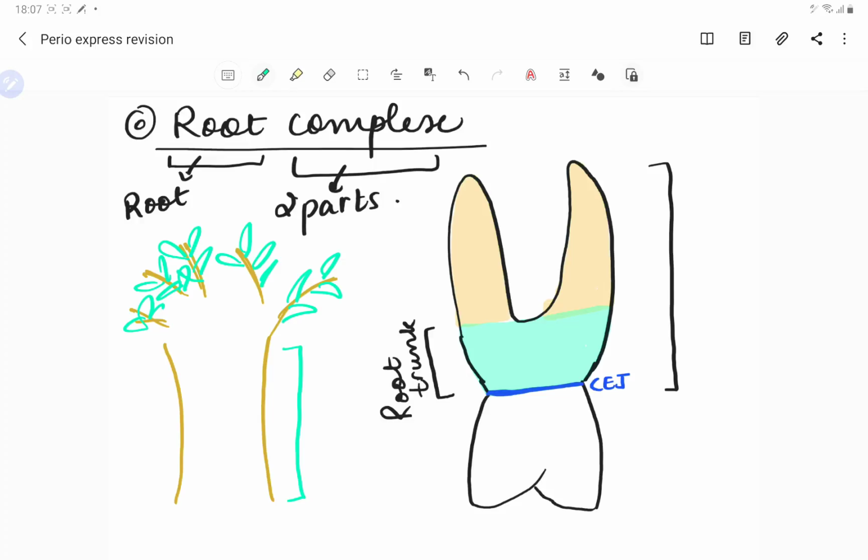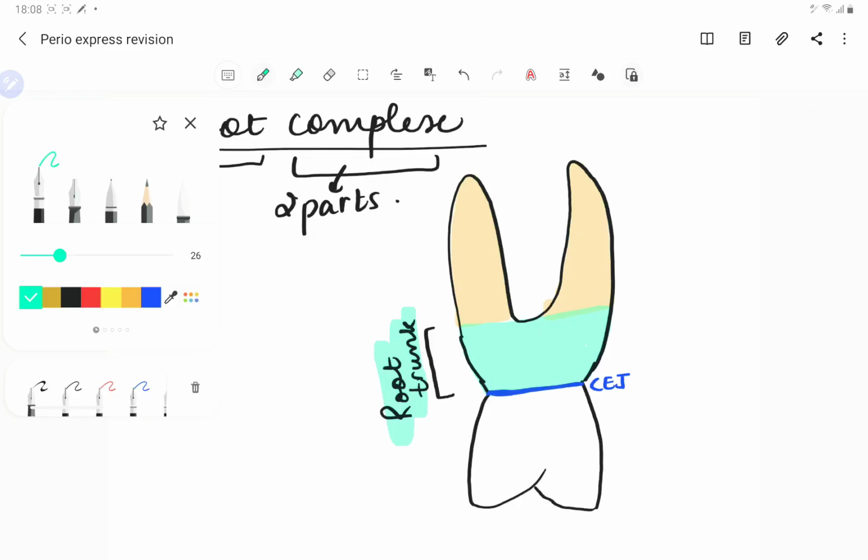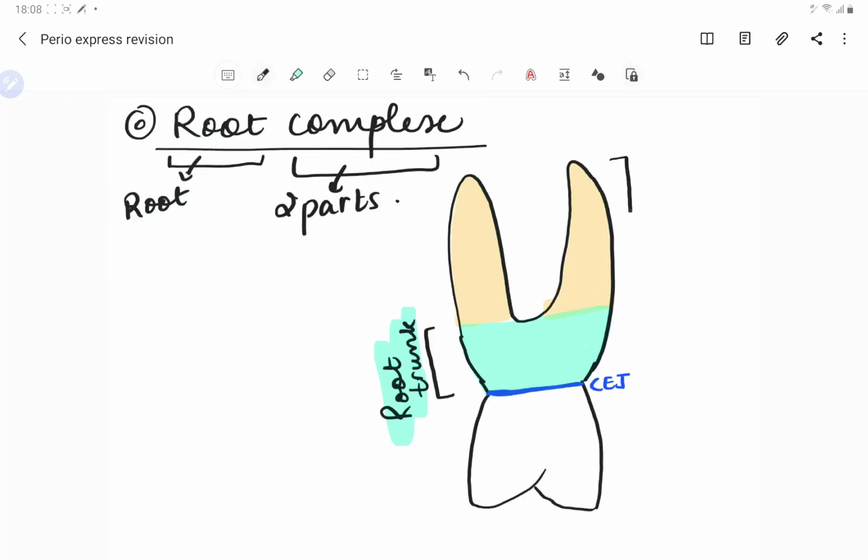Likewise, till there is a branching, this is what we call the root trunk. Before it branches out, we have got the root trunk. This is the root trunk area, and the separated roots we call the root cones. So we have got the root trunk, and these are, guys, the root cones.